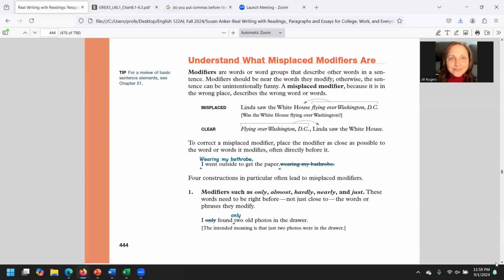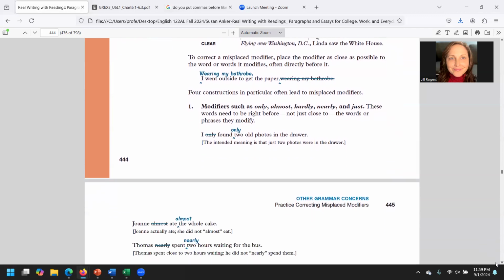So these are four constructions that are troublemakers. They often lead to misplaced modifiers. The first one is modifiers such as only, almost, hardly, nearly, and just. These words need to be right before, not just close to, the words or phrases they modify. This is sometimes hard for students because when we speak, we don't do it correctly.